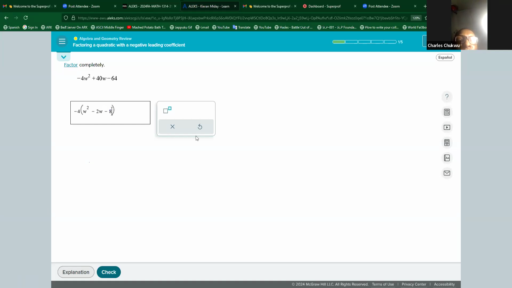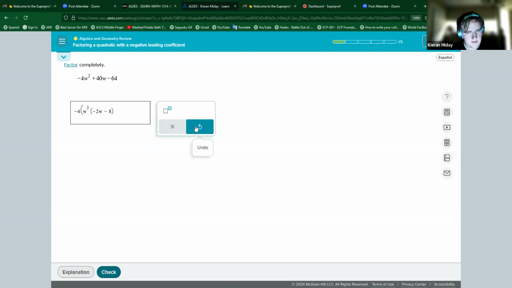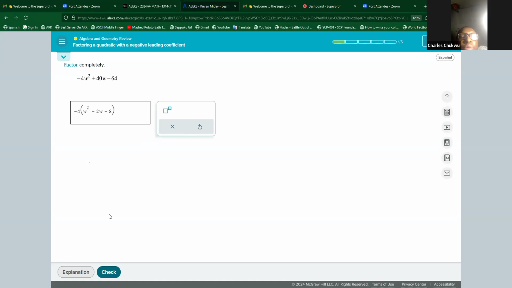Okay, then put your parentheses right there, and don't forget to take out the squared. No, no, not there. Careful now. I can undo. Yes, okay.